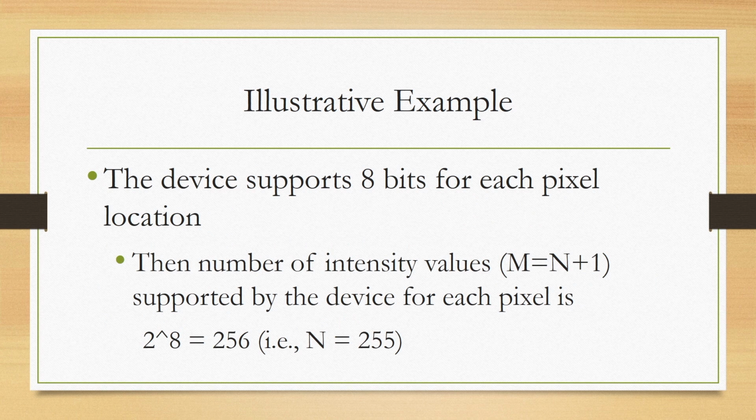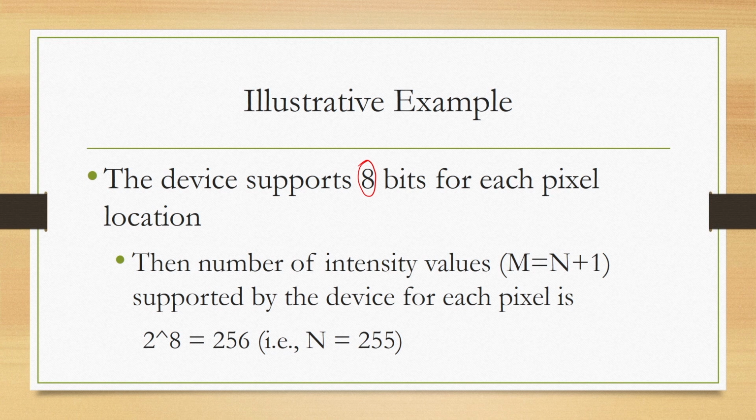Let us assume that the device supports 8 bits for each pixel location. In other words, it has 8 bits to represent the color of a pixel.